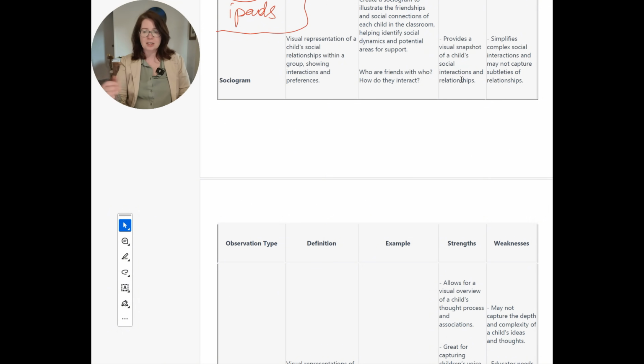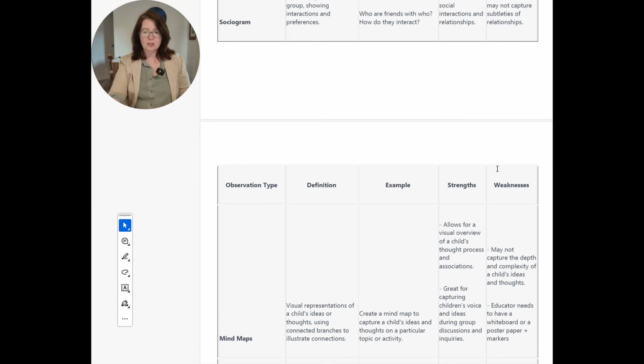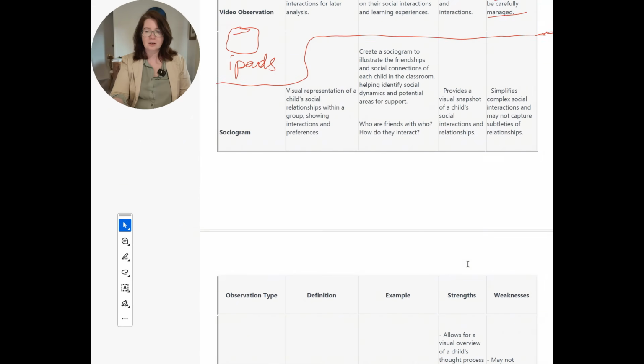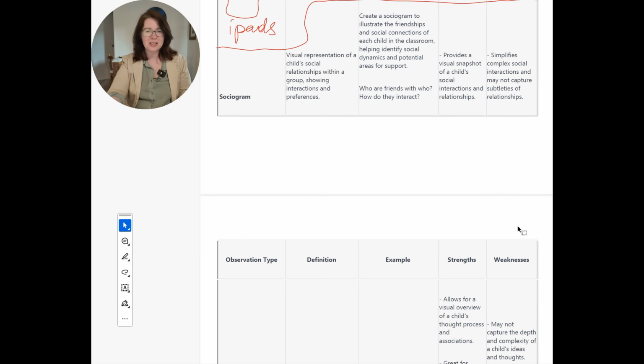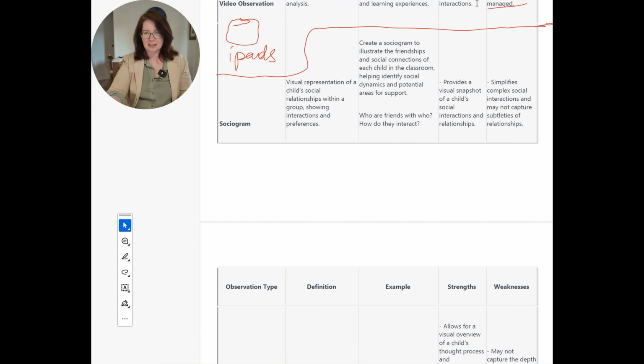Is there response? Yeah. Also, it allows you to see sometimes child's thinking process or their choices, agency. It's great for, I guess, showing the complexity of social network and interactions, but may not capture subtleties of relationships over time. You need also to capture those dialogues and voices, which sociogram doesn't capture.